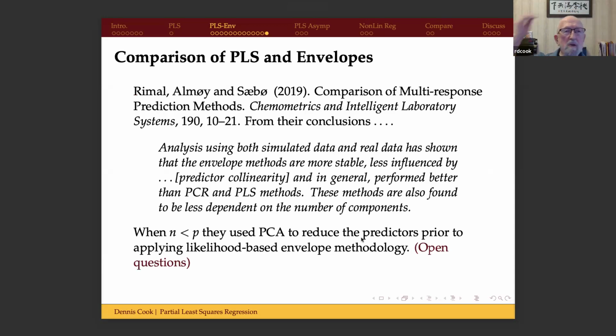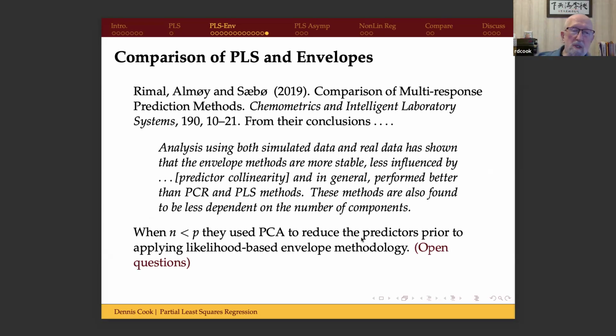This slide just says a comparison of PLS and envelopes. There was a big simulation and data analysis study done in the journal Chemometrics and Intelligent Laboratory Systems by Remmel and his co-authors. And their conclusion was really quite strong.